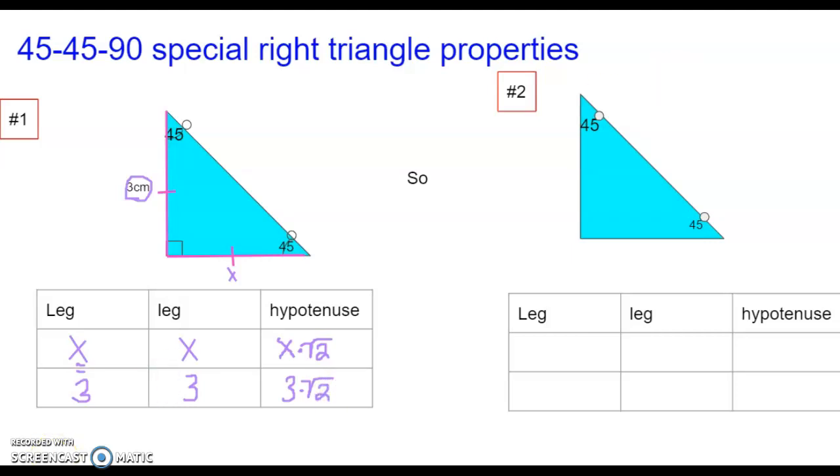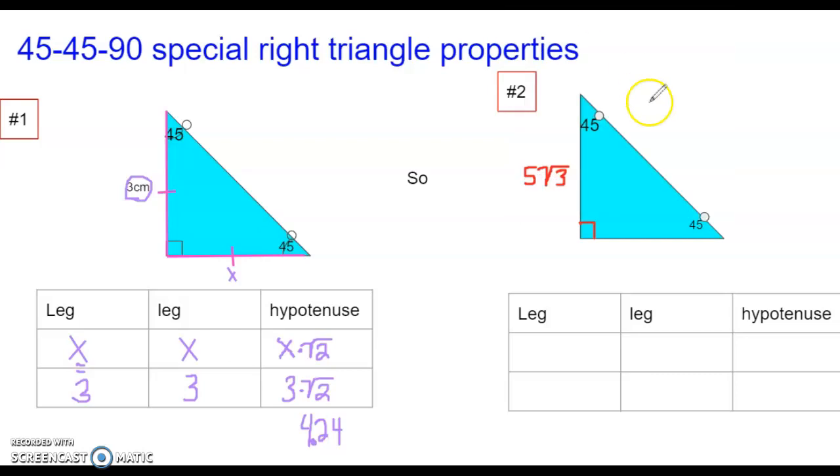If you were to plug this number into the calculator, you would get a decimal that goes on forever, because this is not the exact number. You would have to round. This is more of an exact number, 3 square root of 2. But if you wanted to know the decimal form of it, it would be 4.24. You would just find the square root of 2 and multiply it by 3.